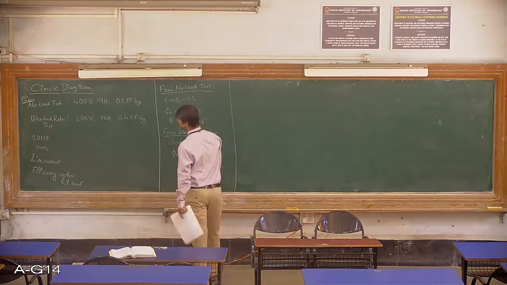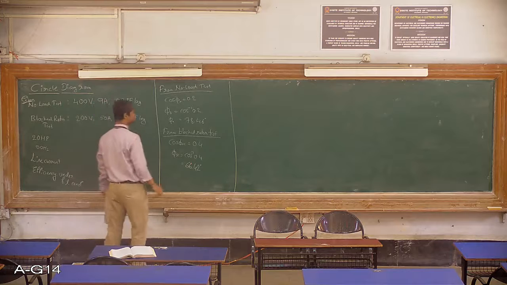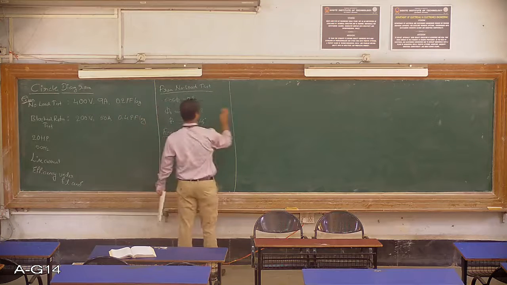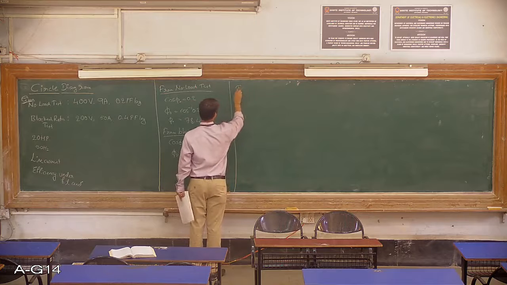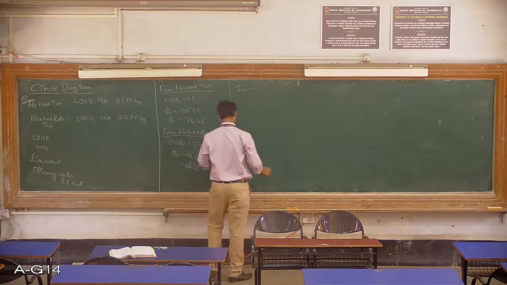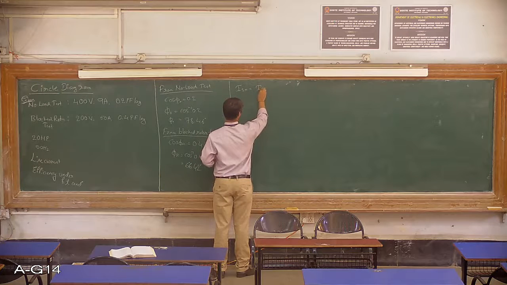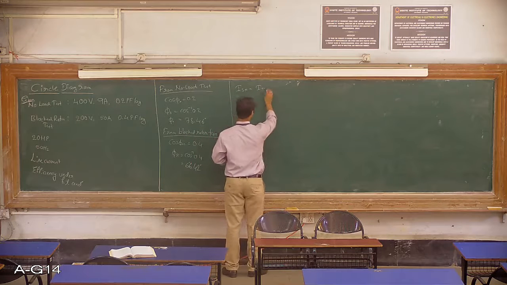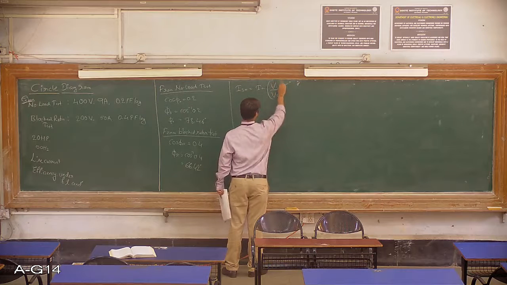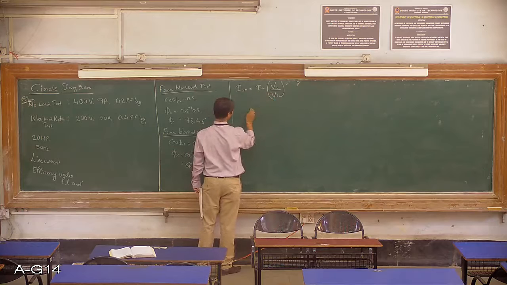Like now we know I naught and ISC, and also V naught and VSC. So here we can start with the ISN. The equation for ISN is ISC into VL by VSC.